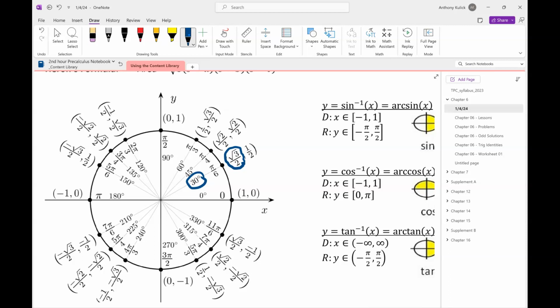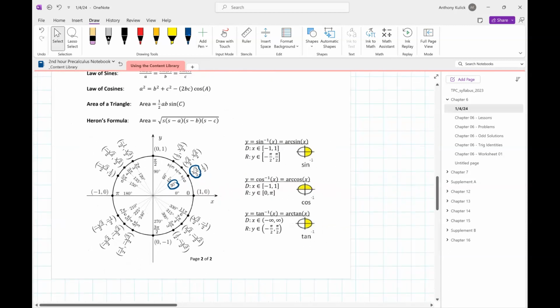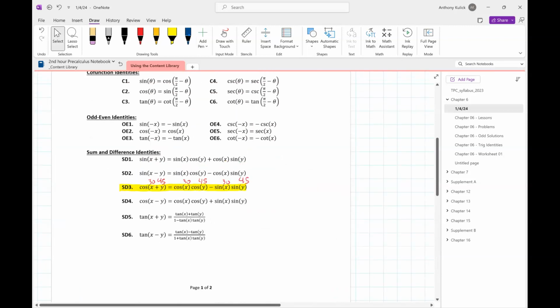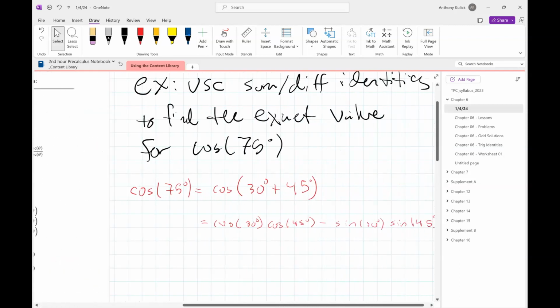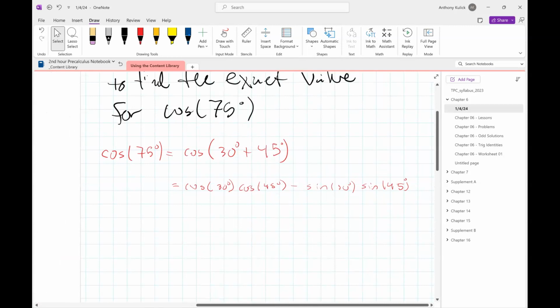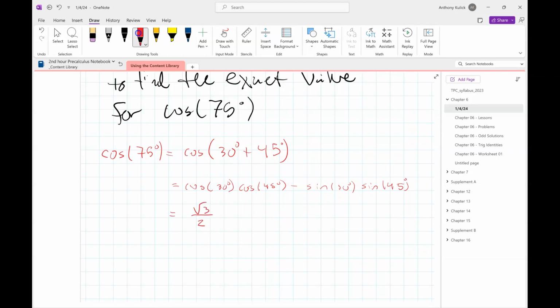Like if you wanted to do that, you could do that. 120 plus negative 45 is going to be 75. I don't know why you would want to, but yes, it doesn't matter where you draw them from as long as they add to 75 or subtract to 75 and are coming from the unit circle. That'll all simplify down to the same thing.